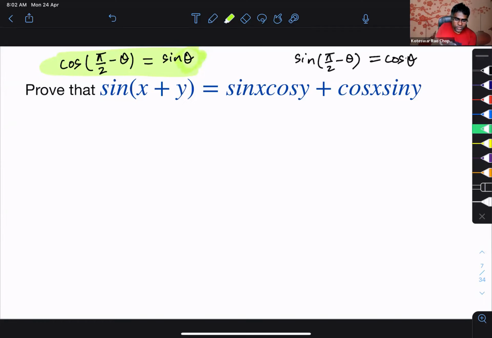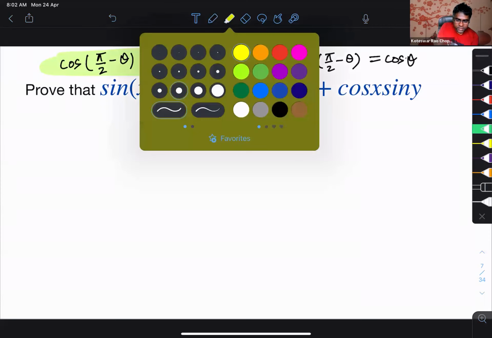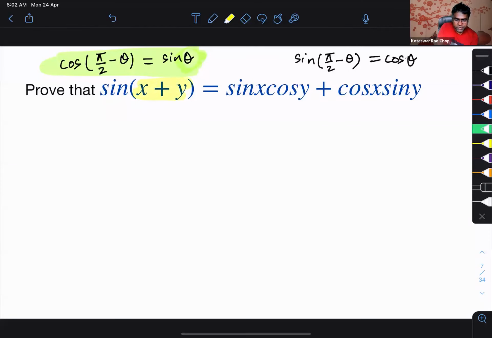Okay. So now let's look at this. Take a look at this x plus y. This x plus y is an angle, like theta. So why not consider, let theta be x plus y.